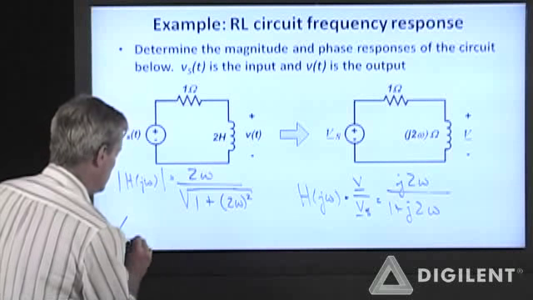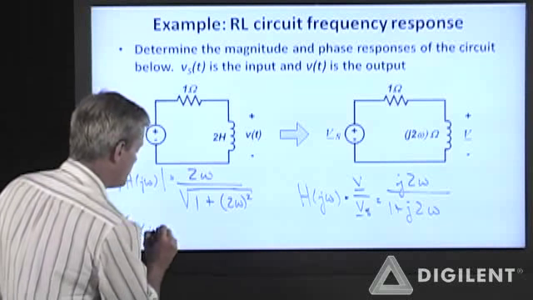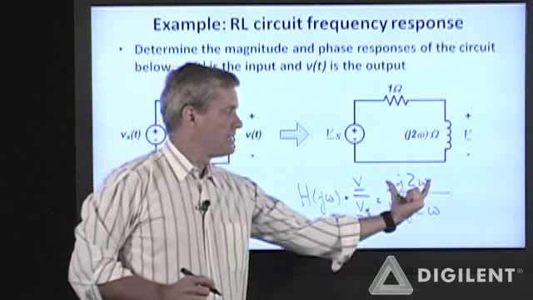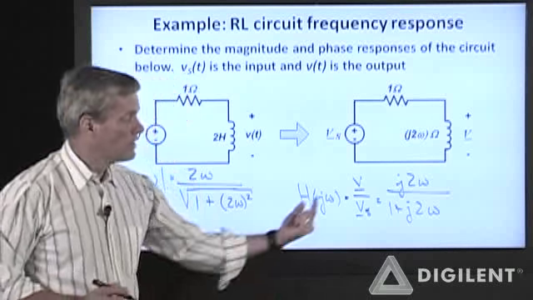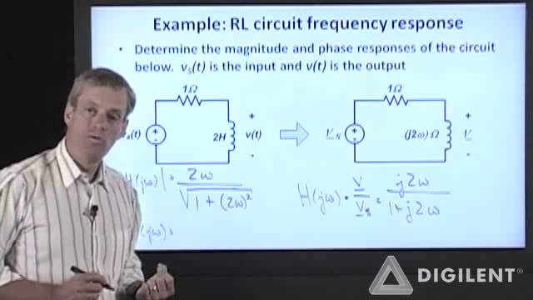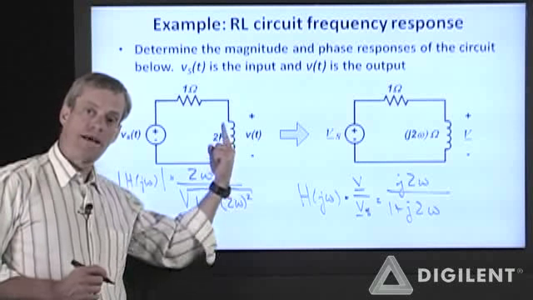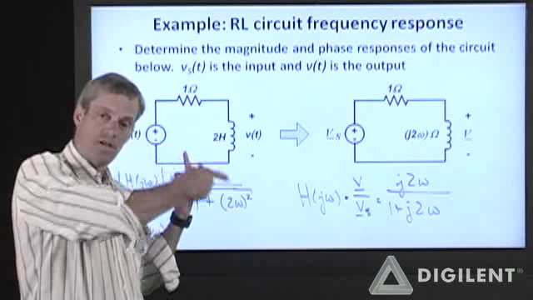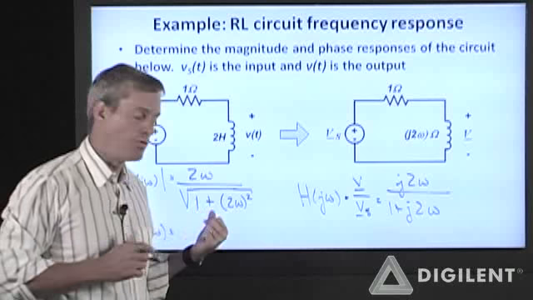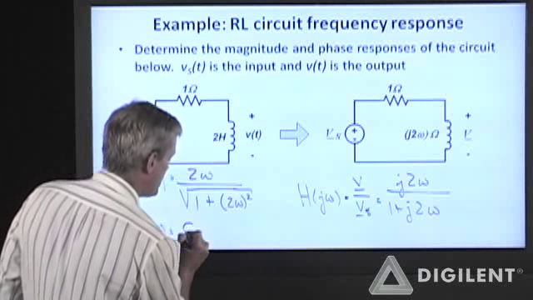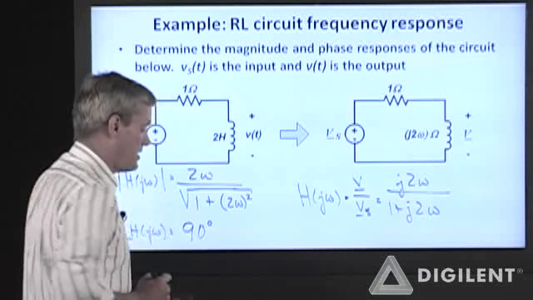The phase angle of H of J omega is the phase angle of the numerator. So J has a 90-degree phase angle. It's pointing straight up along the imaginary axis, which is 90 degrees counterclockwise from the real axis. So the phase angle of the numerator is 90 degrees.